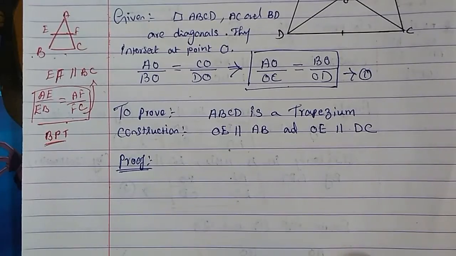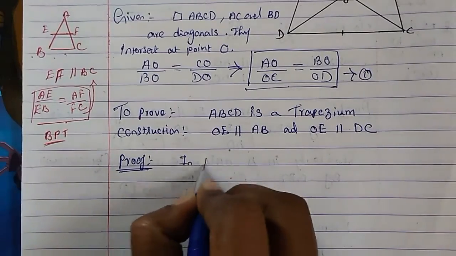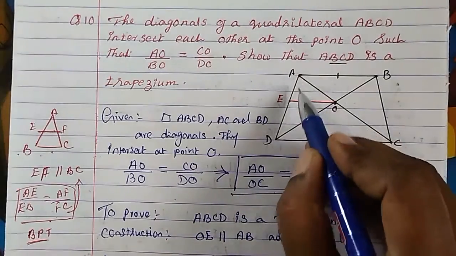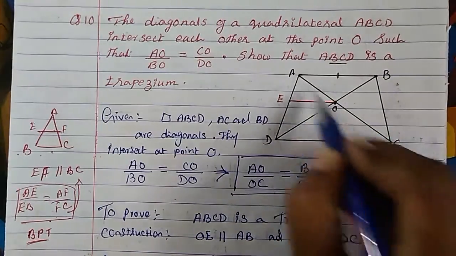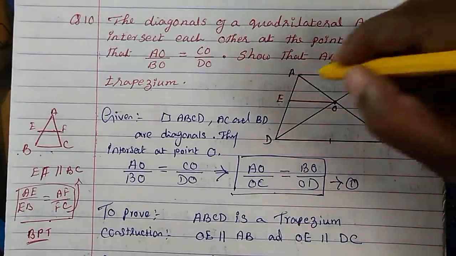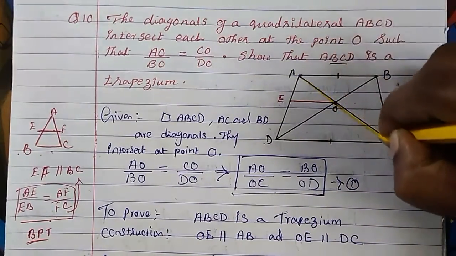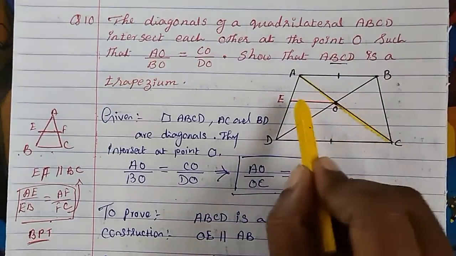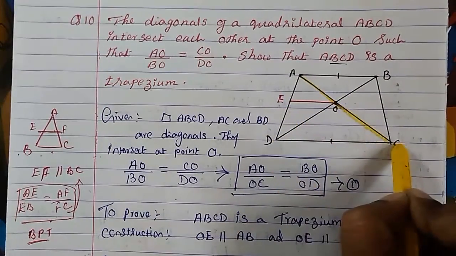Okay, so let's prove that in a triangle, we'll take one diagonal now. Let's take diagonal AC. If you take diagonal AC, then EO is parallel to DC.